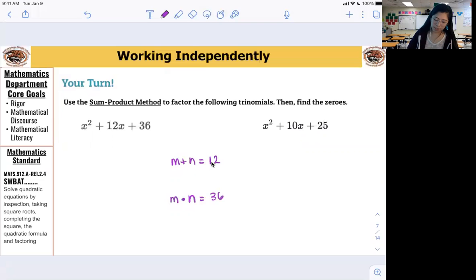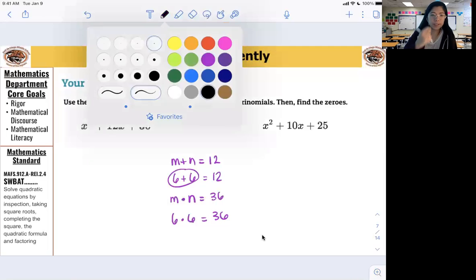Good, Raymond. 6. 6 plus 6 is 12. They've got to be the same two numbers. 6 times 6 is 36. The most important thing is they have to be the same two numbers, same exact numbers. So 6 plus 6 equals 12. 6 times 6 equals 36.